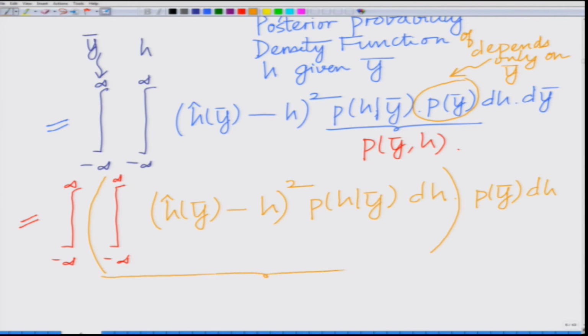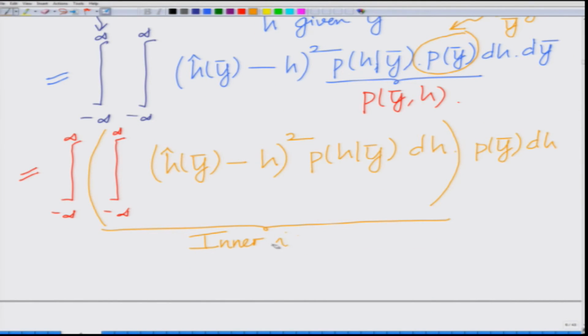Let me just write that clearly. This is your inner integral with respect to h, and it depends only on the parameter h, because in this inner integral with respect to h, y bar is fixed, because y bar is in the outer integral.